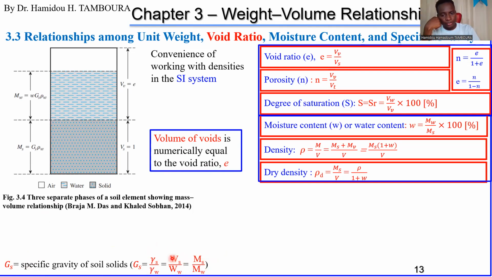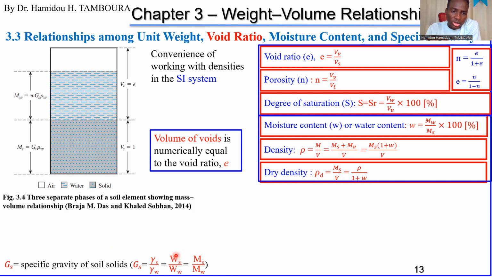But normally, just use this. And here, instead of mass, you can use rho. Rho S divided by rho W, meaning density of solid divided by density of water, you can obtain the specific gravity also.